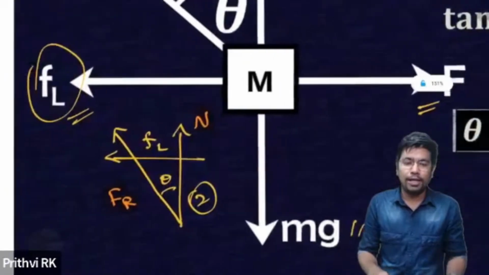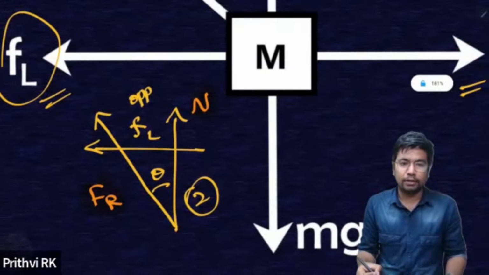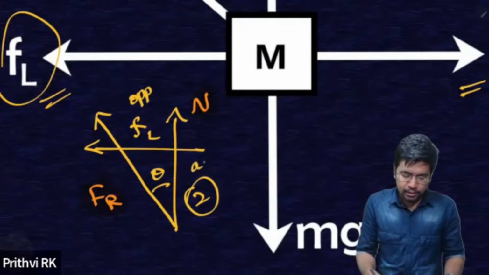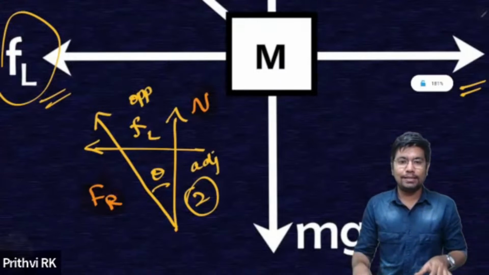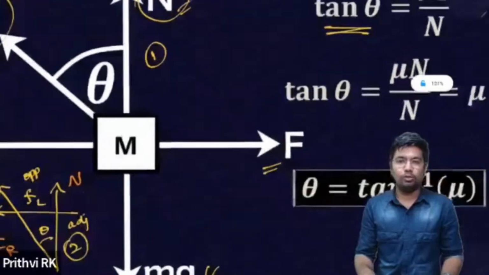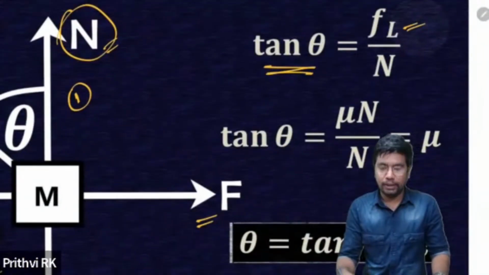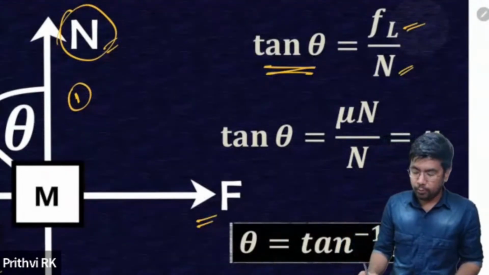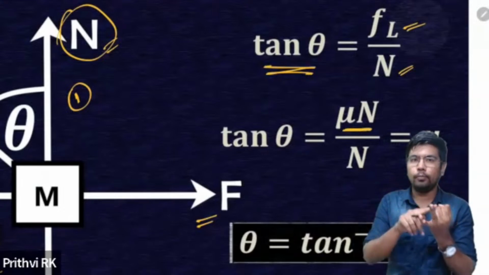What I can see here is that FL is the opposite side and normal is the adjacent side. Opposite divided by adjacent gives tan theta. So tan theta is equal to FL, the limiting friction, divided by normal N. And the limiting or static friction formula is mu into N. Sir, should we put mu S or mu K?